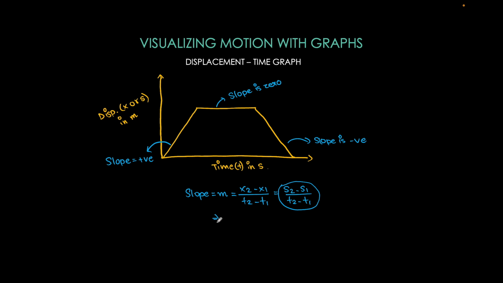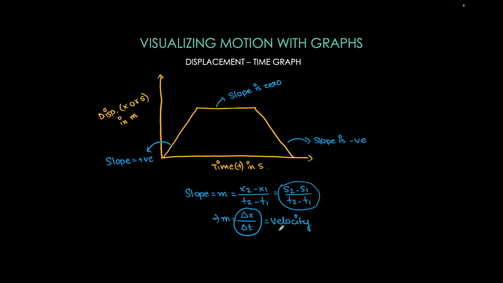But anyways, we can write m is equal to change in displacement divided by change in time. Now, you have seen this expression before, right? This expression is of velocity, because velocity is the rate of change of displacement, right?